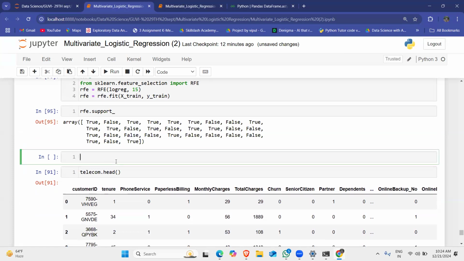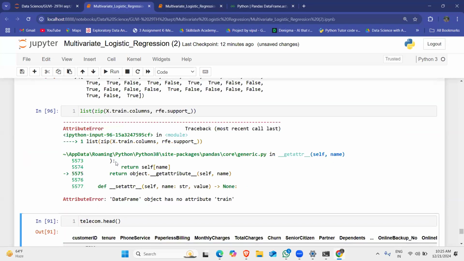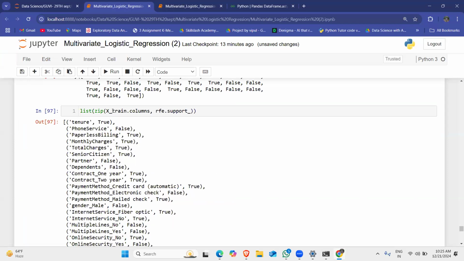And then we'll make a list of all the columns that we have selected, or our model RFE has selected, by using X_train.columns. Isn't it X_train, sir? Oh, my bad. Yeah.